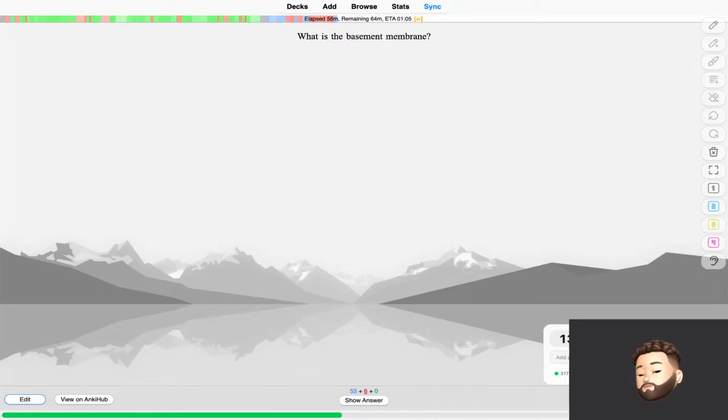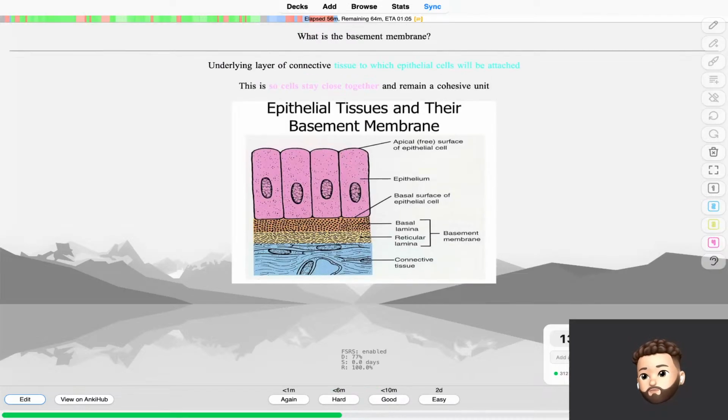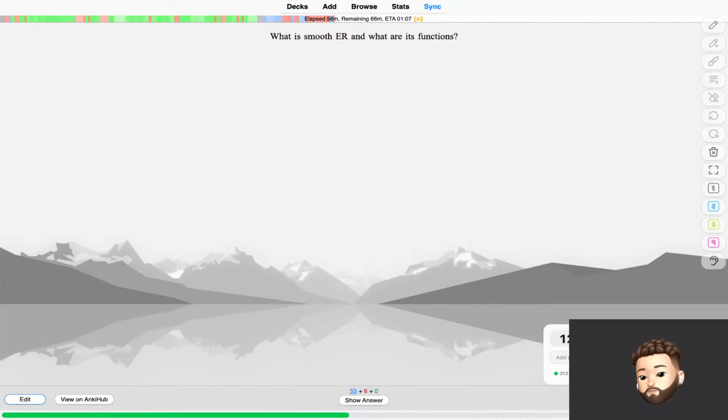What is the basement membrane? Basement membrane is the layer of connective tissue to which the epithelial cells are attached. What is smooth ER? Smooth ER is the part of the ER that has no ribosomes attached.